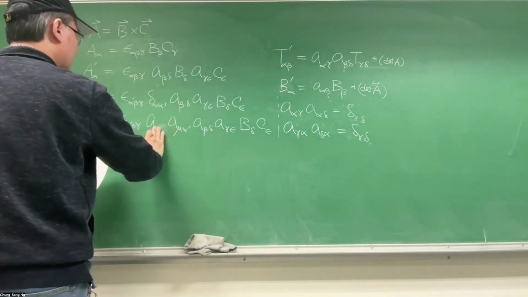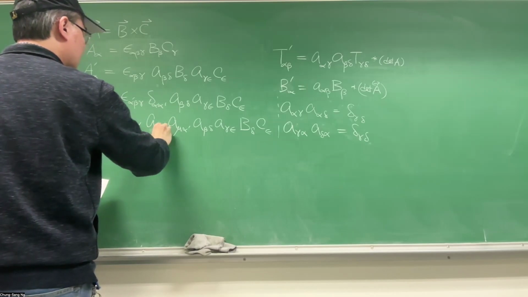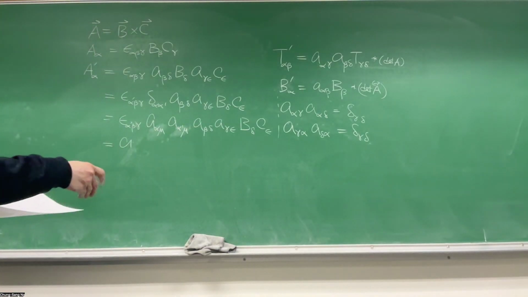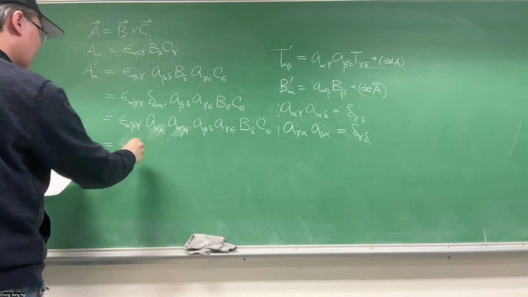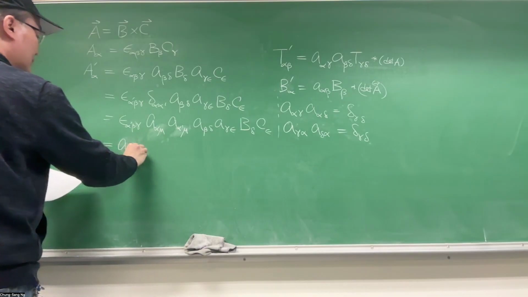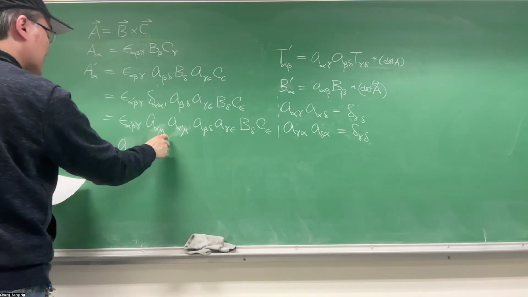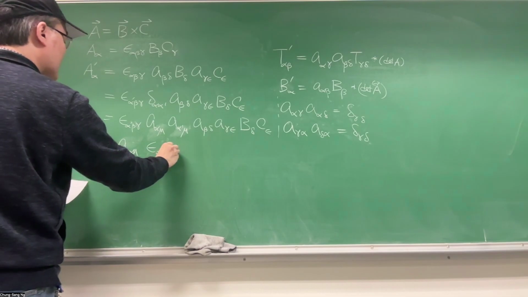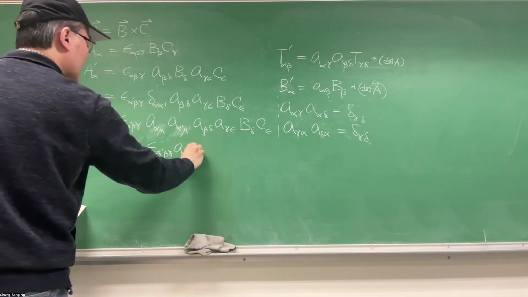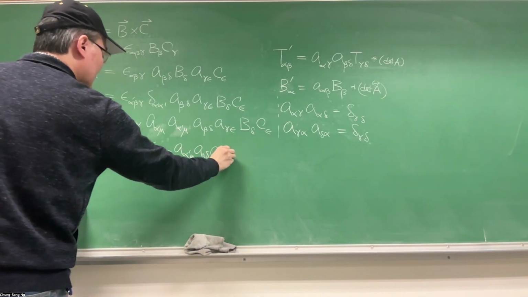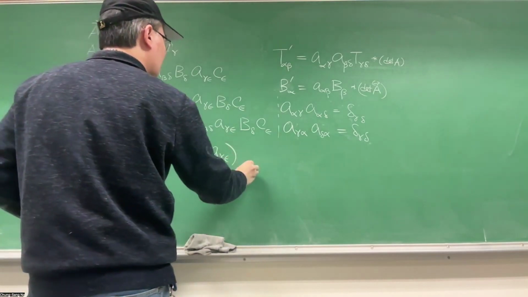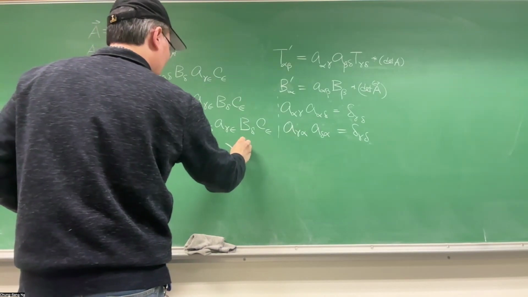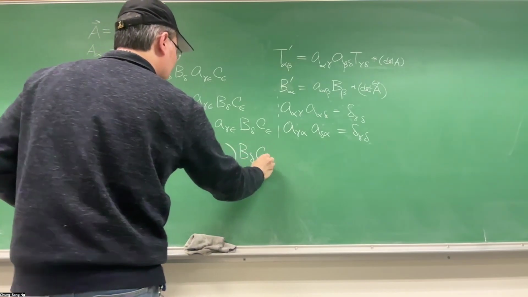So I just want to interchange that alpha mu, alpha prime mu. Okay, so that is more like it. So this will become A alpha mu, and now you group the other three: epsilon alpha pi beta gamma, A alpha pi mu, A beta delta, A gamma epsilon. So you have this object, and then the rest is just B delta C epsilon.